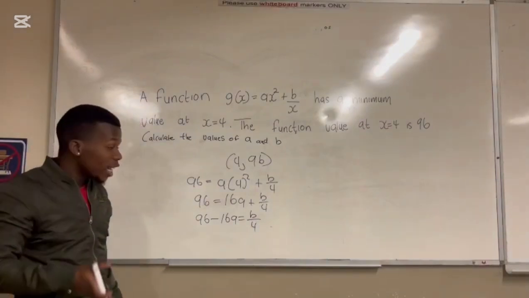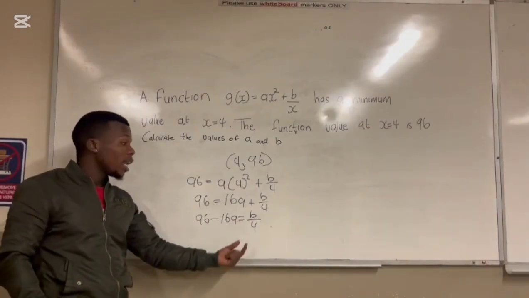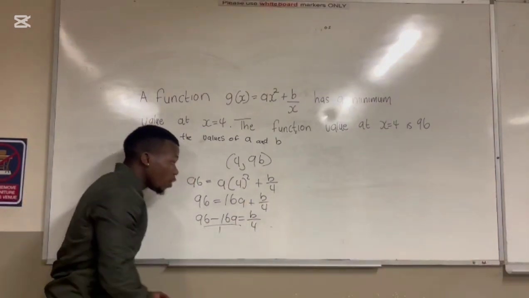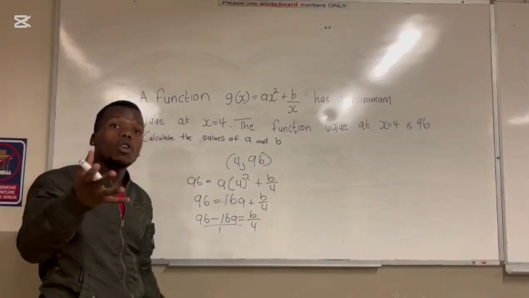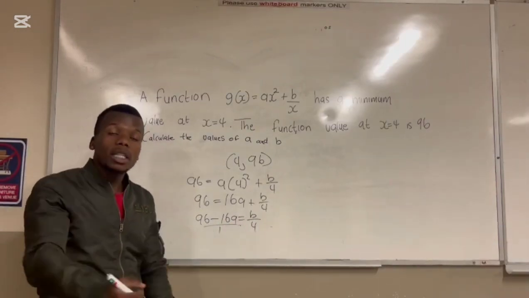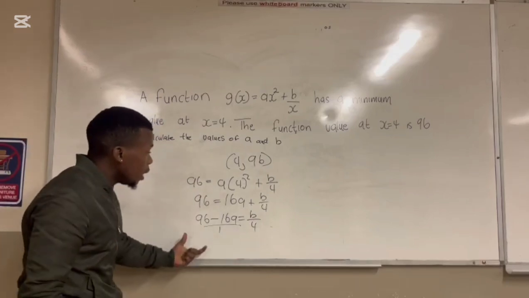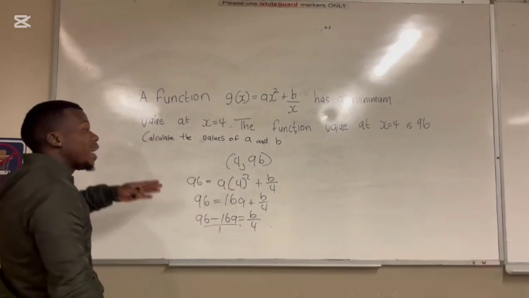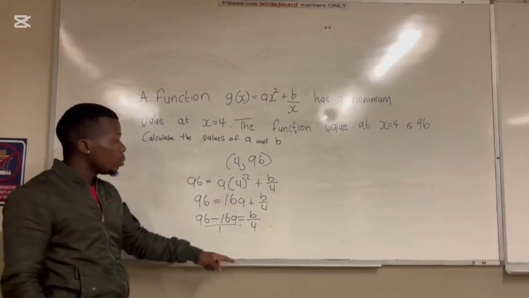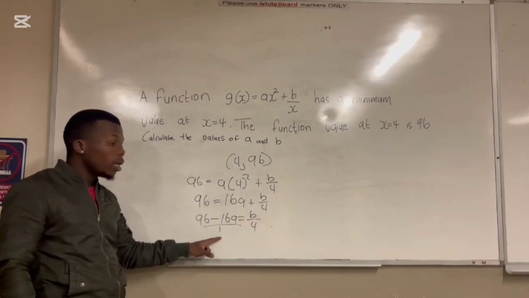As I check here, I have an equal sign and a fraction, so all I need to do is cross multiply. This will be 4 multiplied by whatever is on my left hand side, and b multiplied by 1.